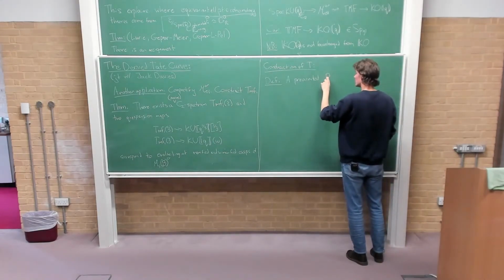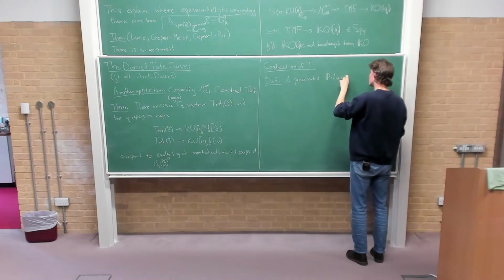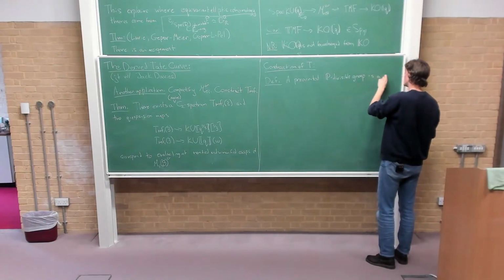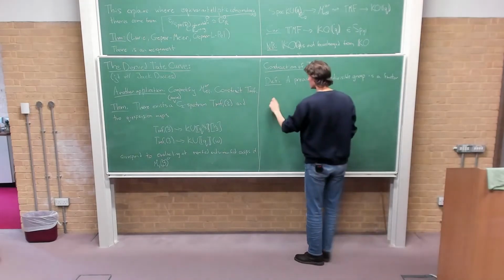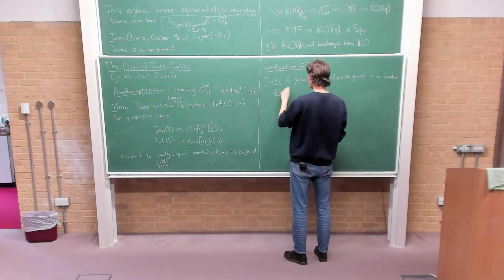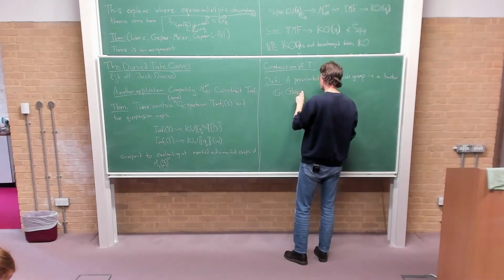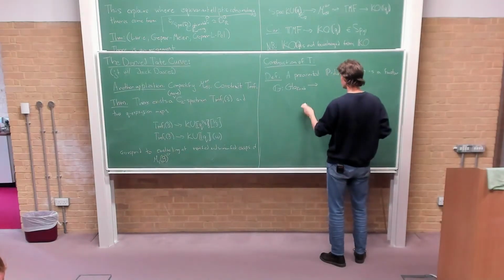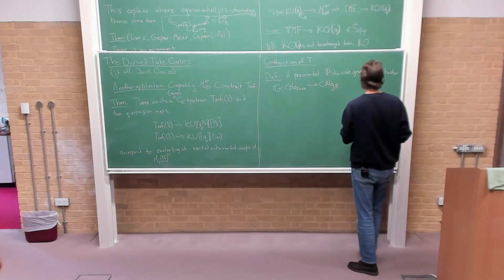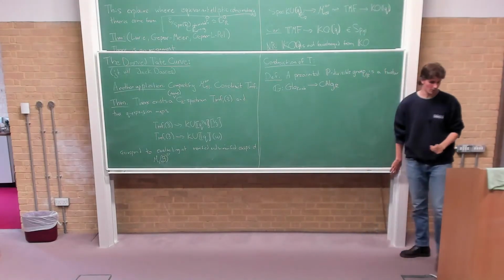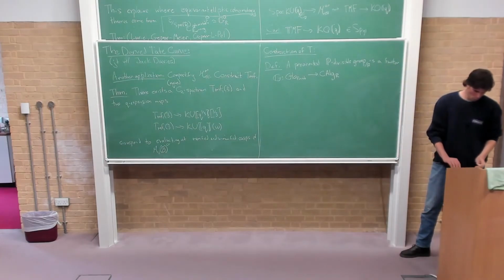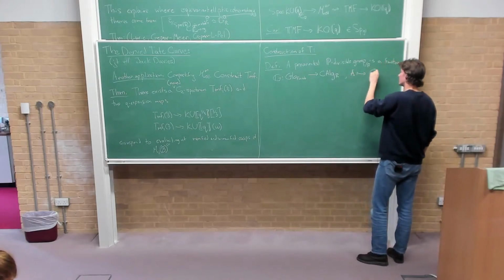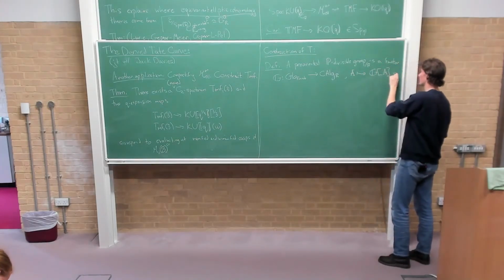A p-divisible group is a functor G from some infinity category to commutative algebras over R. So let's say this is some p-divisible group over some ring R. My notation is that it sends a finite group A to G(A).